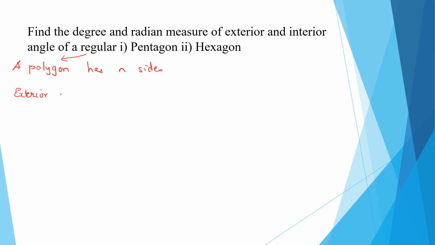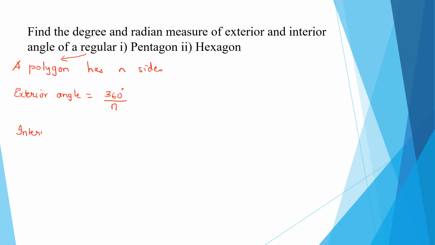The exterior angle of a regular polygon, if you find it for square, pentagon, hexagon, will always be 360 degree divided by n. If you take a square, try to find the exterior angle and fit it into this formula. It will verify.